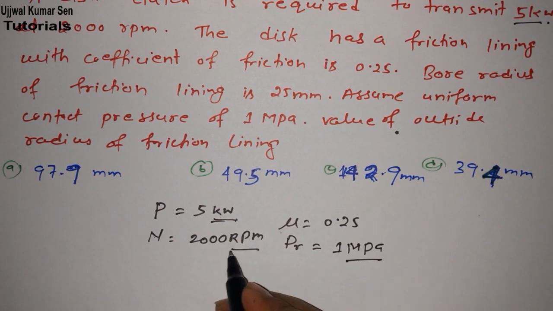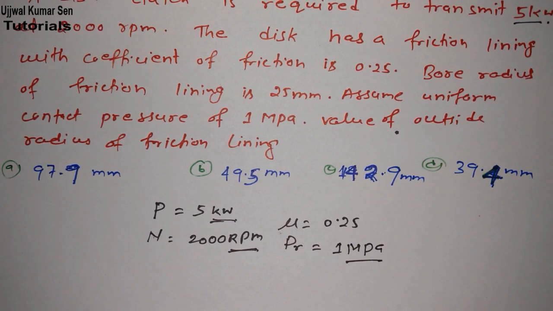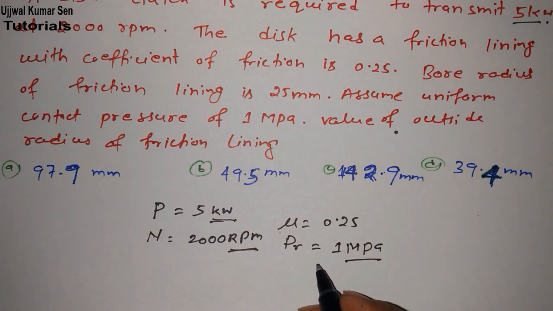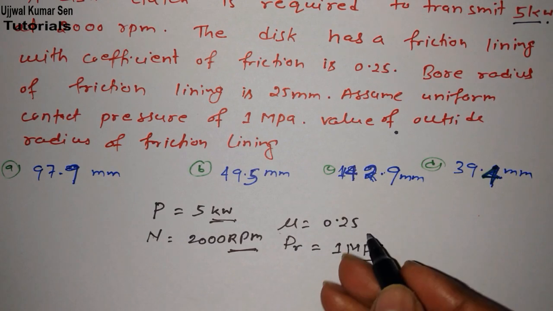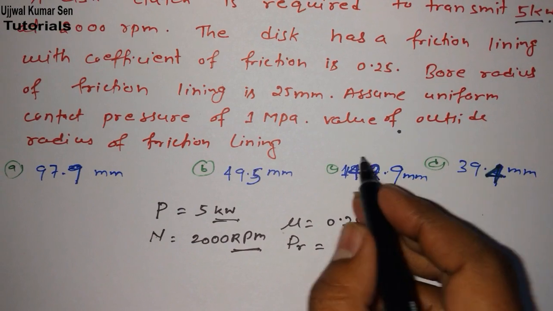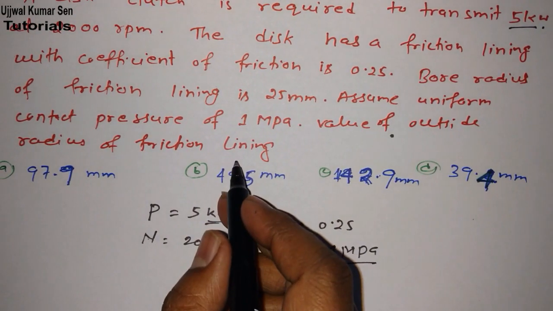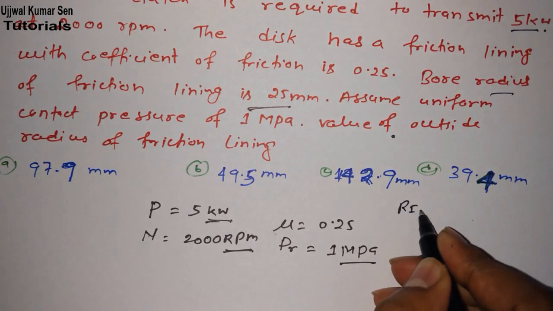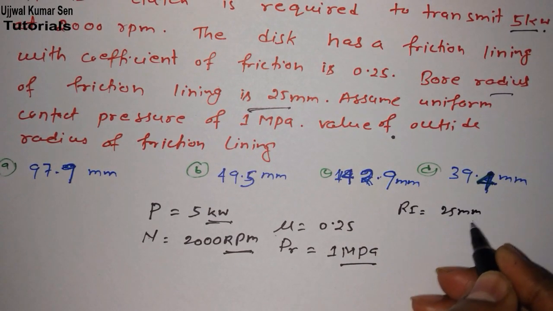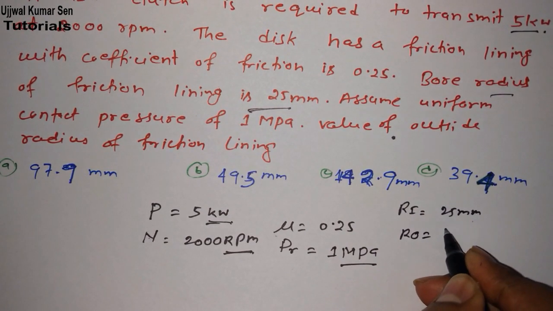Always focus on units also. If a quantity has a unit, note it, because the coefficient of friction has no unit; it is dimensionless. They have given the bore radius, which means the inside radius is 25 mm. I have to find the outside radius.